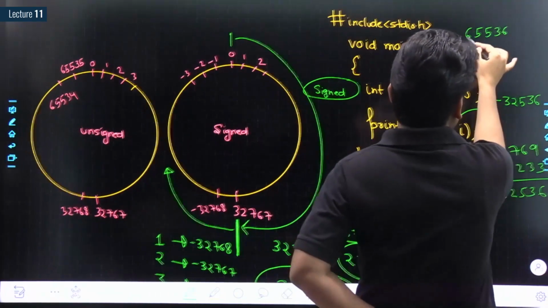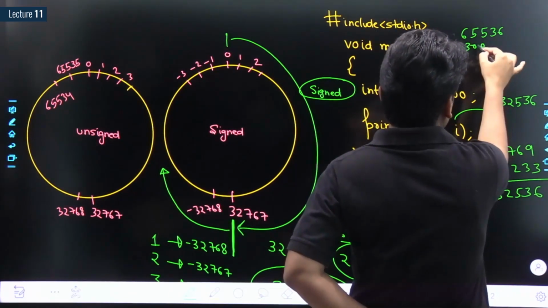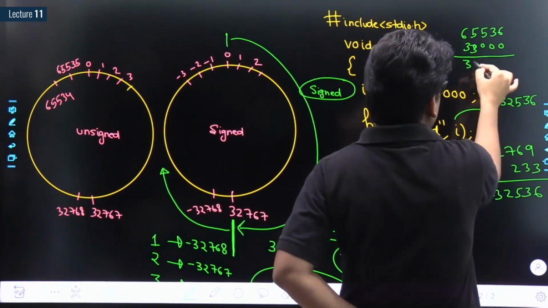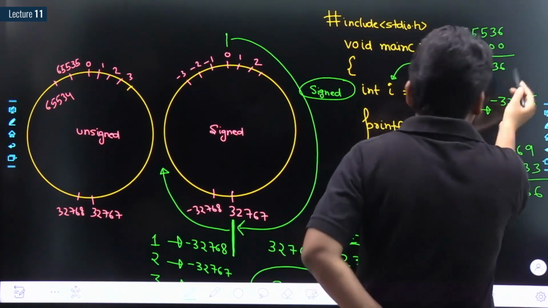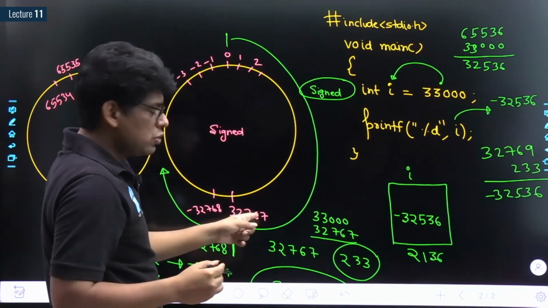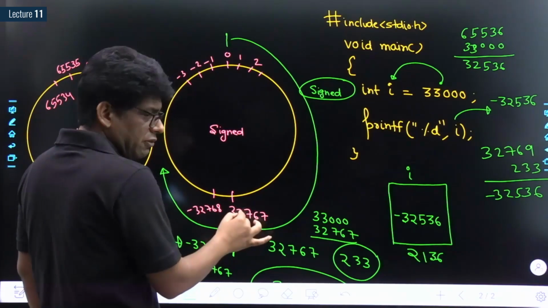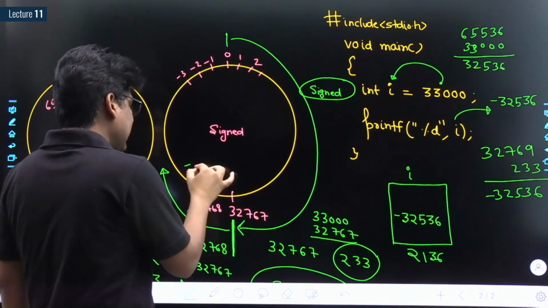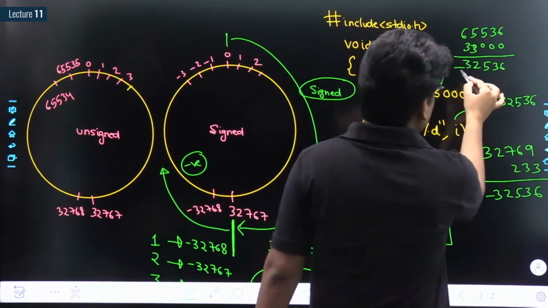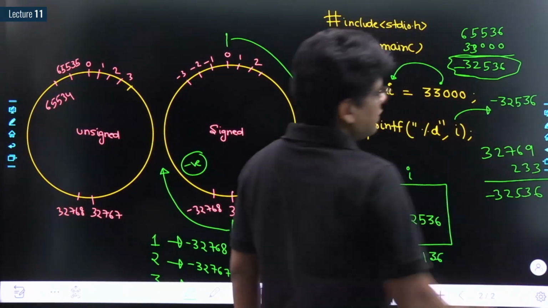If I subtract 33000 from this, what do I get? 32536. But you need to understand that after 32767 we get a negative value. That is why we get the answer as minus 32536.